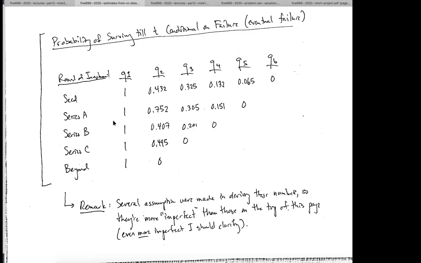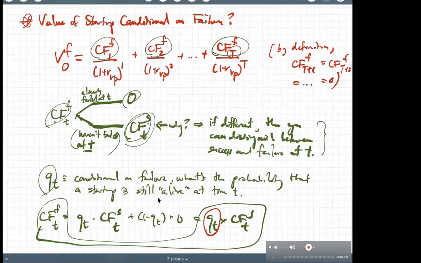Well, since SecureTech is a Series A, we're going to use these numbers. Again, these numbers are obtained from real world data. So I'm going to use these numbers to get each of these cash flows.